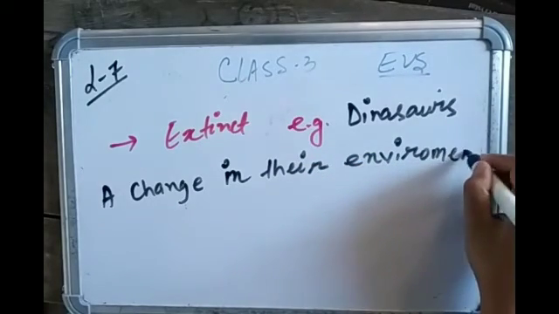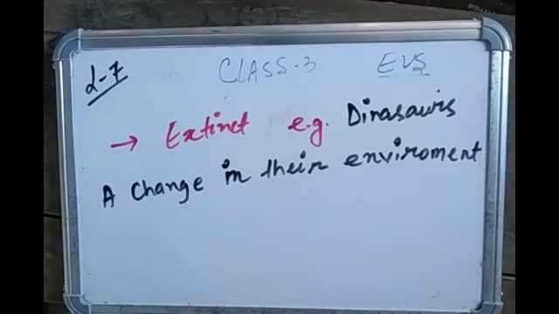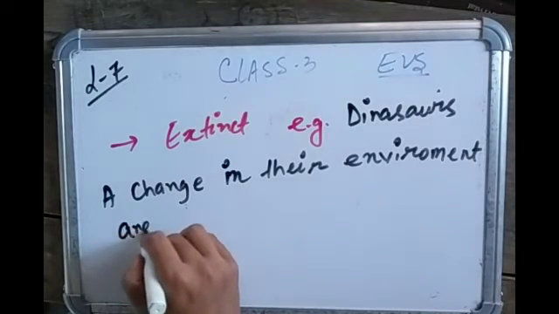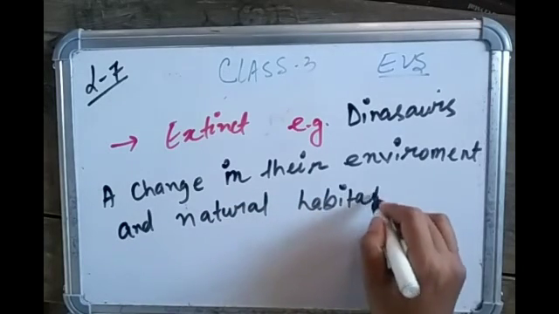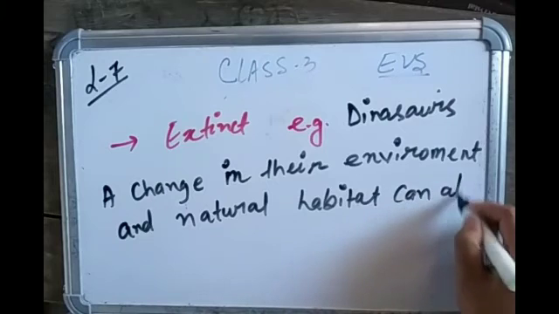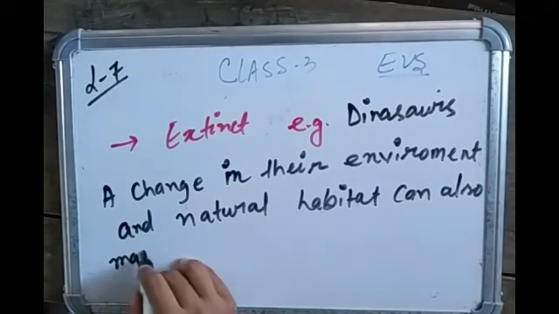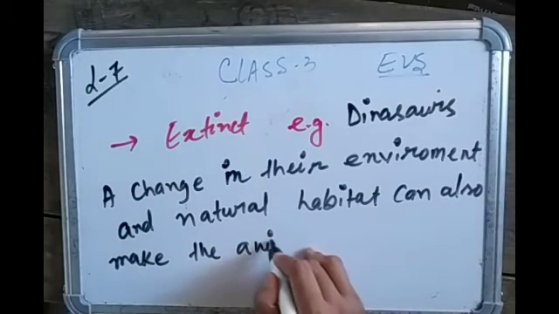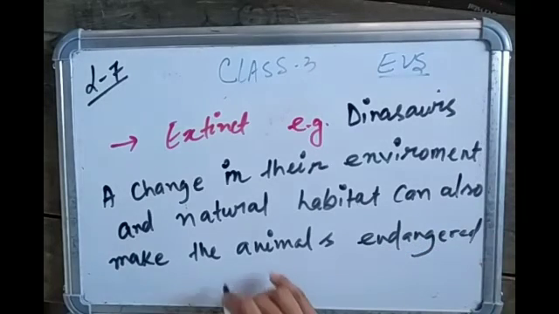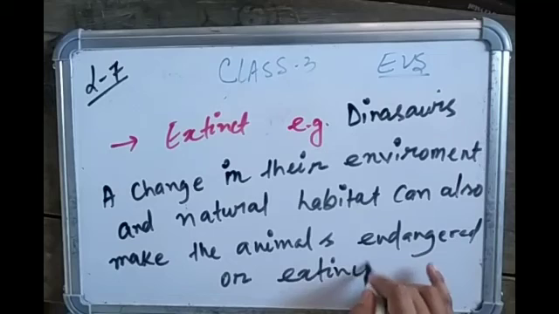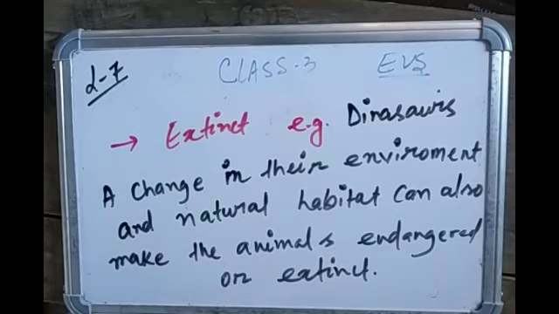So indirectly the human activity and change in environment and natural habitat can also make the animals endangered or extinct.